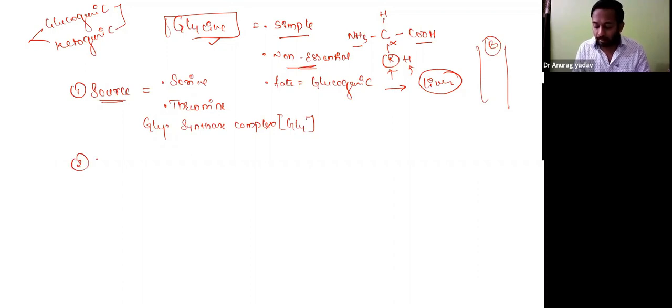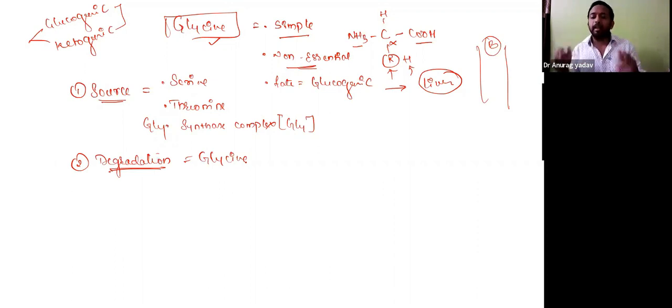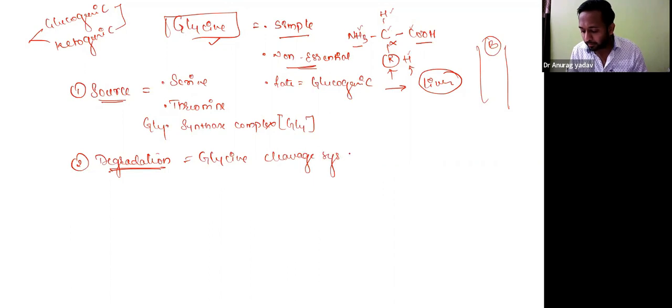Now, this is about the source. Next, what is the degradation? Okay, if you degrade the glycine, means you dismantle the glycine, what are you going to get? We all know glycine is made up of a carboxyl group, an amino group, a carbon, and 2 hydrogens. So when you dismantle it, definitely we are going to get these compounds individually, separated from each other. Okay, so this is called the glycine degradation system, or also called the glycine cleavage system.